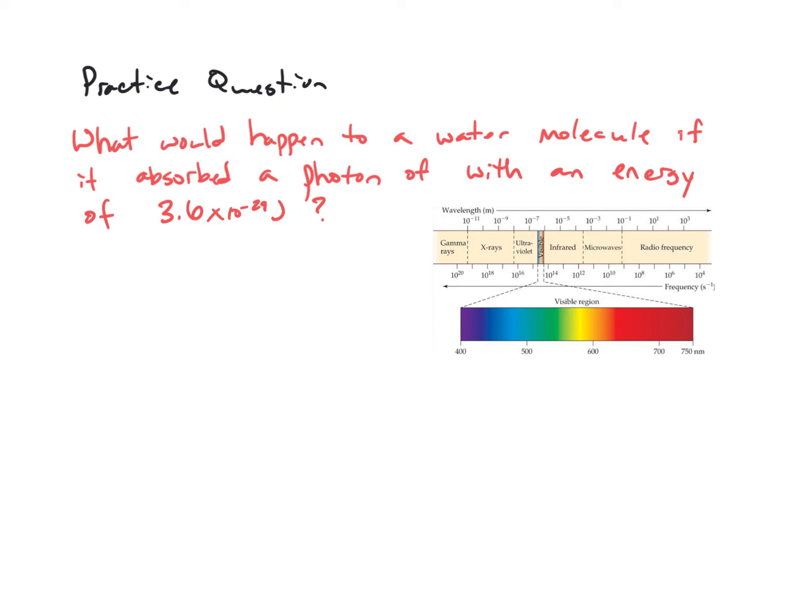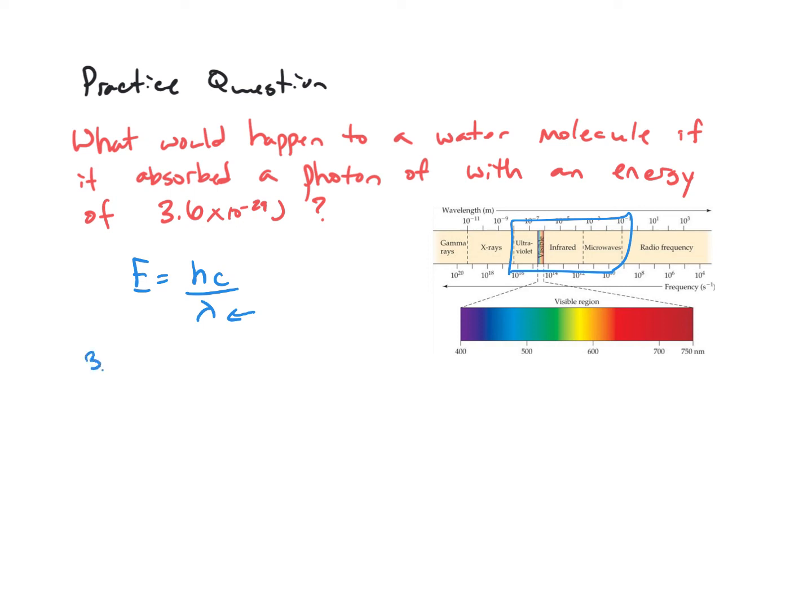Now, remember, just on the last page, the energy of a photon is equal to Planck's constant times the speed of light over the wavelength. Your plan should be to figure out what wavelength of this electromagnetic energy is associated with the energy in the problem and apply it to one of these 4 options. So let's solve for wavelength.